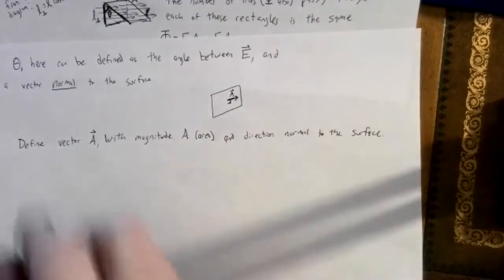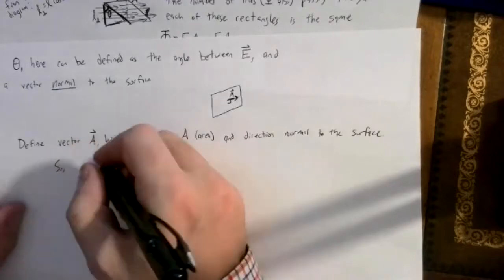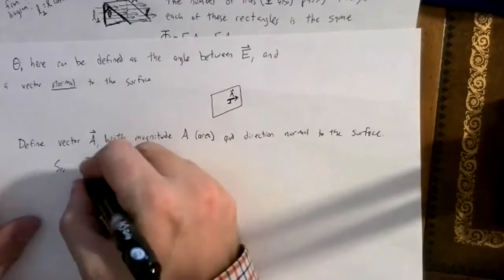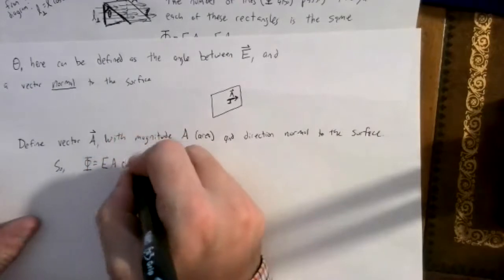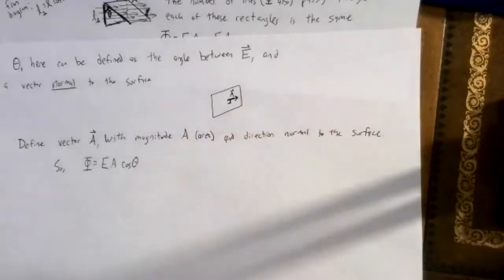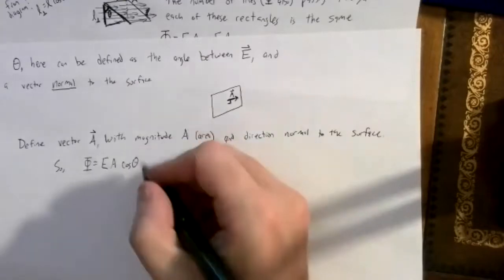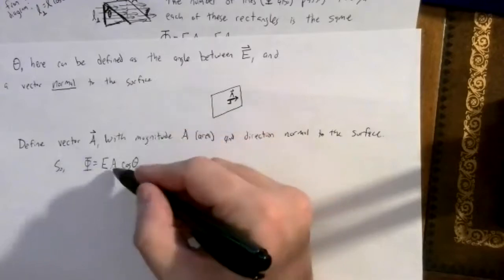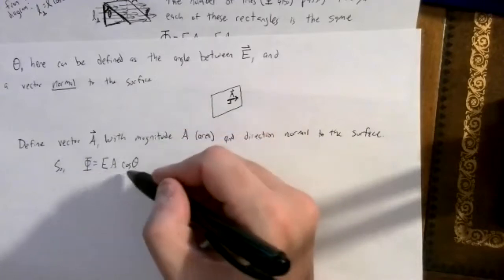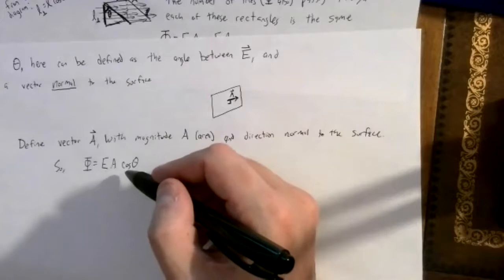And the reason we do that is because now our electric flux, which we said was EA times cosine of this angle, well, we remember from our definition of the dot product that if we take the dot product of two vectors, we get the magnitude of the first vector times the magnitude of the second vector times the cosine of the angle between them.